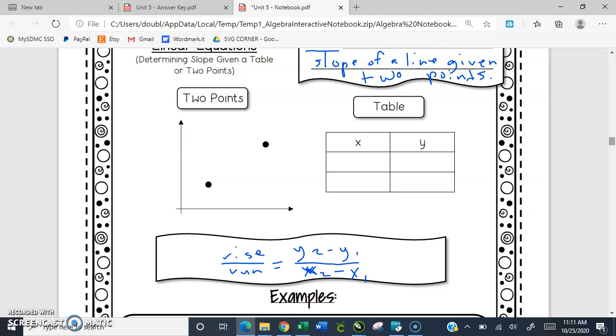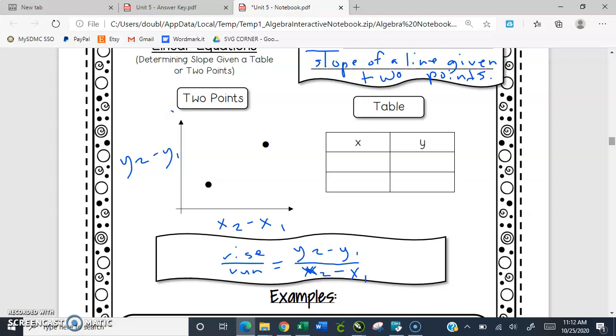If you look at this point, remember our y's are y2 minus y1, and our x's are x2 minus x1. So it makes it simple.